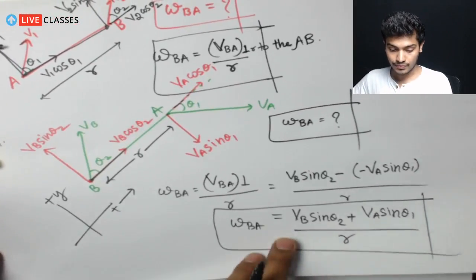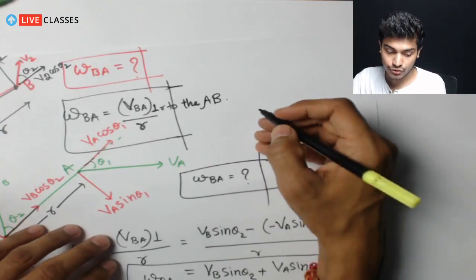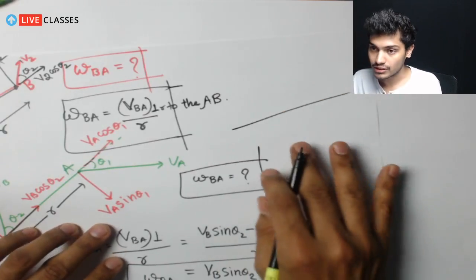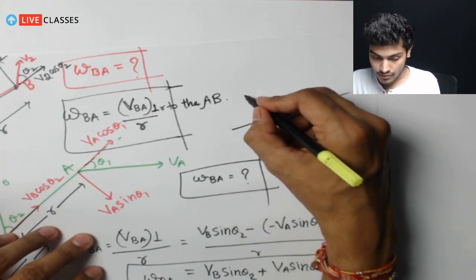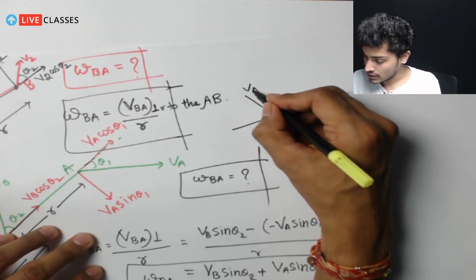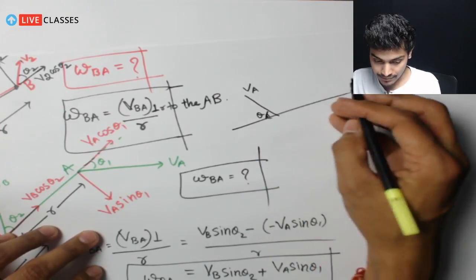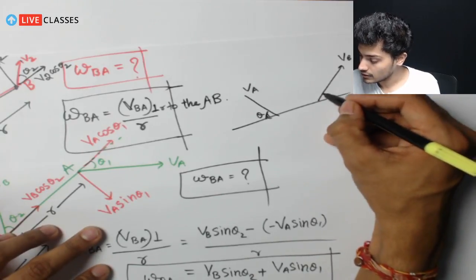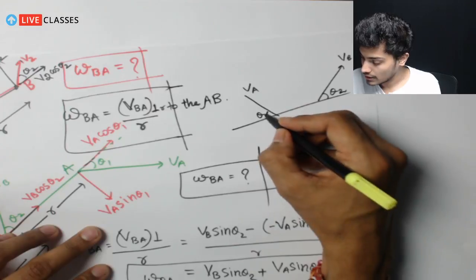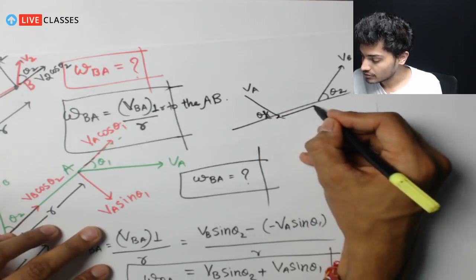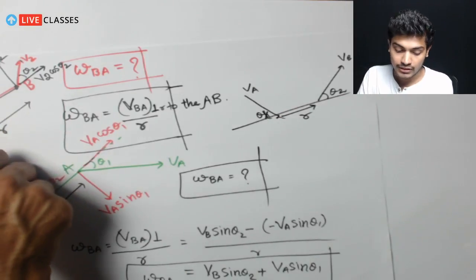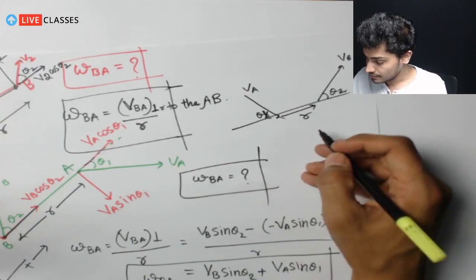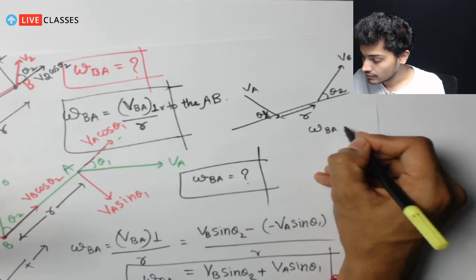So I am leaving one question for you. You should attempt this question. VA is moving along this line with angle theta A, and VB is moving along this line with angle theta 2, and here it is theta 1, and separation between them is R, and we have to find the omega BA.